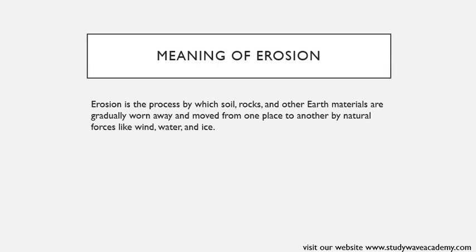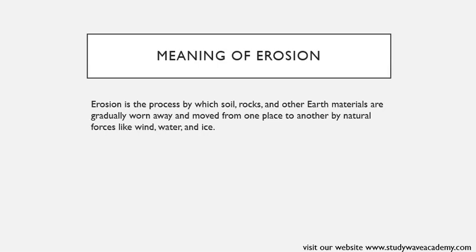Erosion is the process by which soil, rocks, and other earth materials are gradually worn away and moved from one place to another by natural forces like wind, water, and ice. Okay?